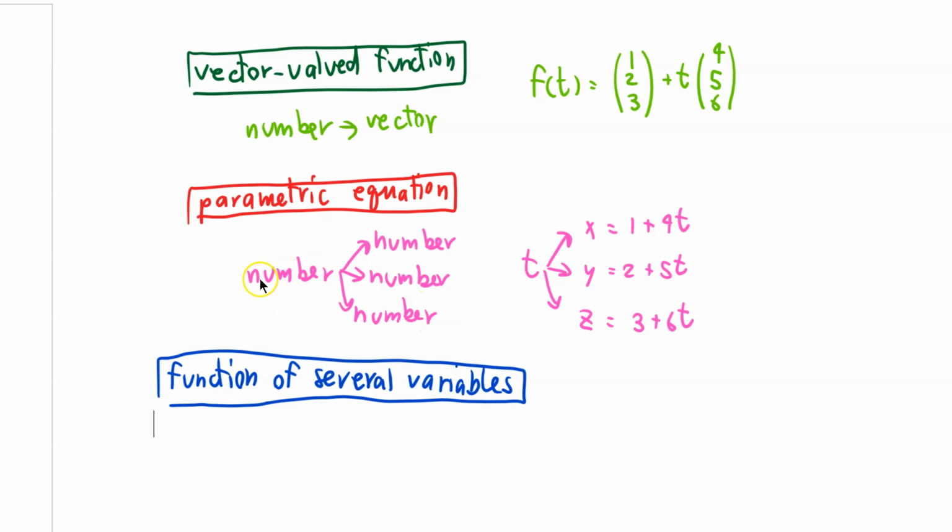Like in the earlier case, I have one number and that one number will determine many other numbers. But in a function of several variables, I will need to know the value of many other numbers to determine one number.